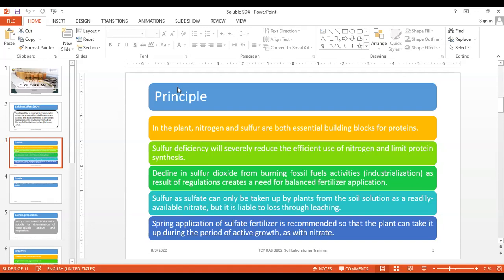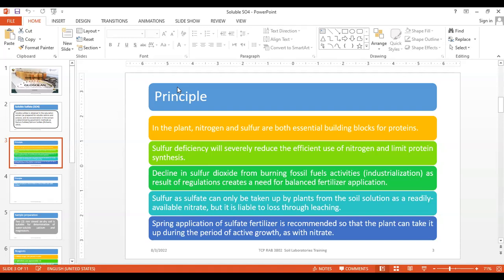As a result, the concentration of sulfur dioxide in the atmosphere has decreased. Of course, this is a very good practice, but on the other hand, it reduces the sulfur dioxide concentration in the atmosphere, and for this reason, there is a need for sulfur fertilization to compensate for the reduction from these regulations.